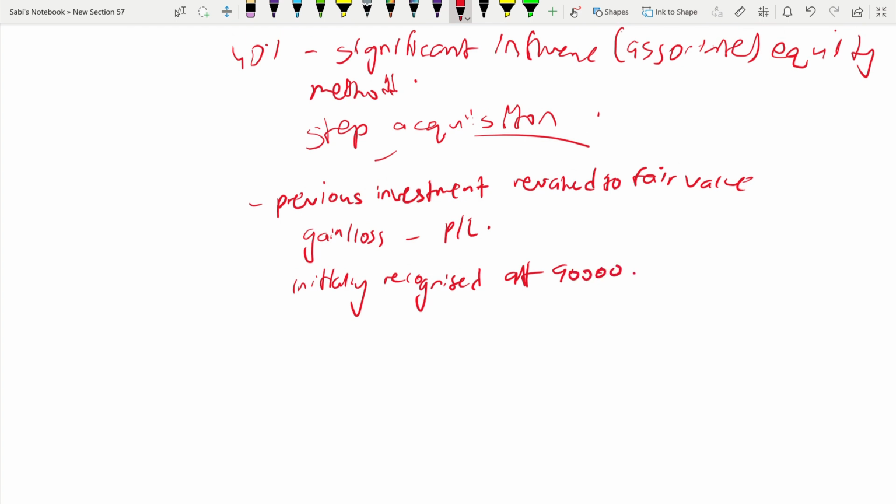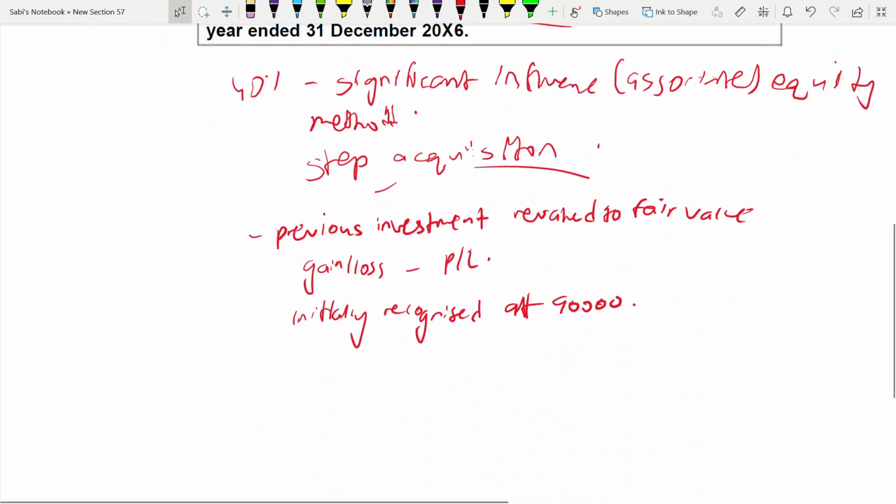Now, remember this is an associate. You also have to recognize the group's share of the associate's profit, and also any comprehensive income. You have bought 60%, so NCI will be 40%. The associate was 40%, so 40% of the profit you have to add to the 90,000. How much is the profit?